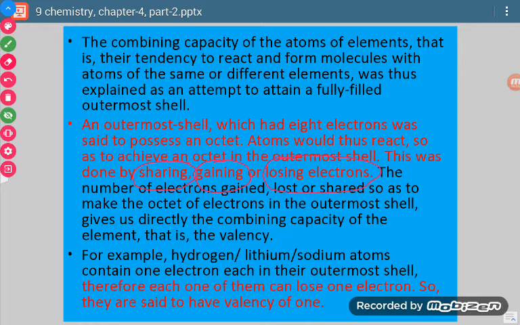Now if we talk about hydrogen, lithium, sodium, they all contain 1 electron in their outermost shell. Now how will it have 8 electrons? Out of these 3, sharing, gaining or losing? It can lose 1 electron, and if it loses 1 electron, then in whatever is left, we will see that the outermost orbit contains 8 electrons.